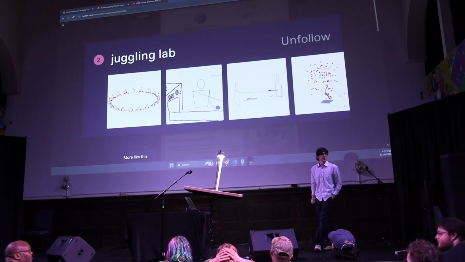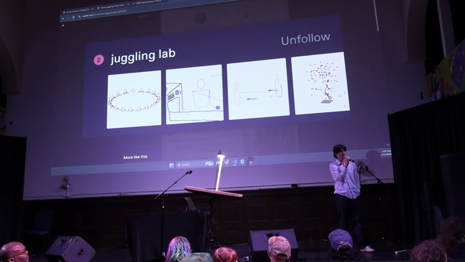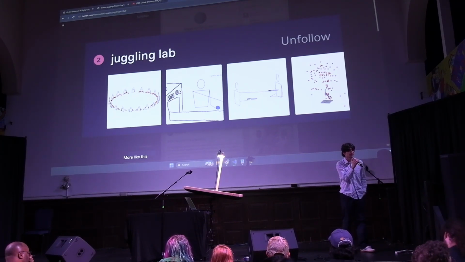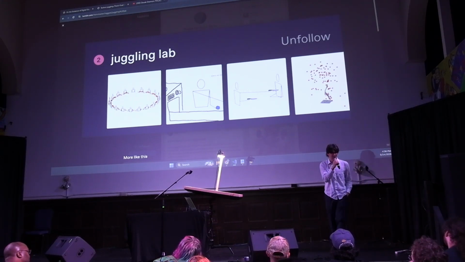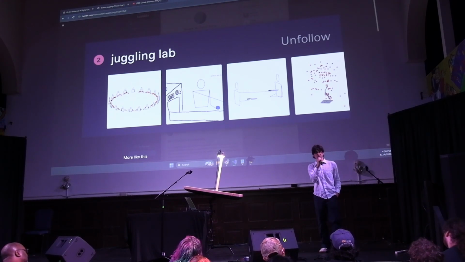I have a question. You have all these different modalities, so what's the challenge of integrating all these pictures and videos while also juggling at the same time? Yeah, that's a really good question because for me it's about trying to form narratives through these multimedia.